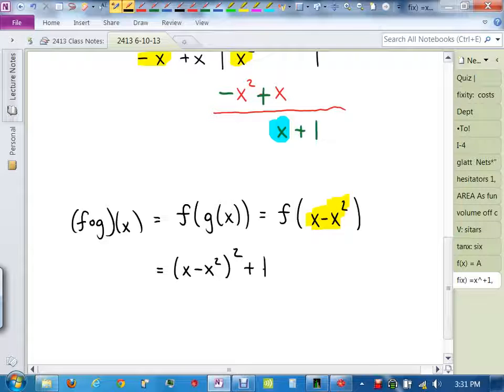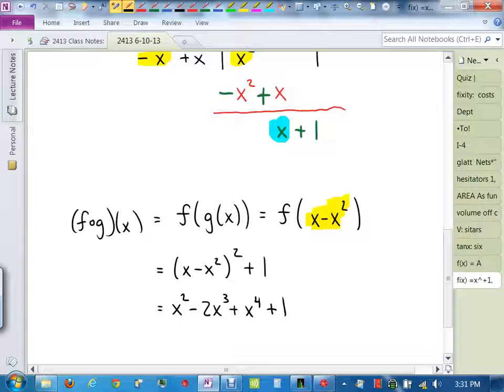No. You have to FOIL it, right? Could you FOIL that on your own? Good. It should become x squared minus 2x cubed, I think, plus x to the 4th, plus 1. Pretty sure that's what it is.